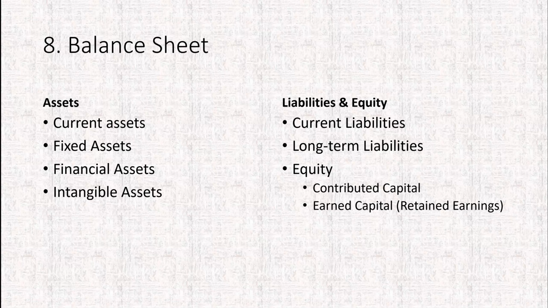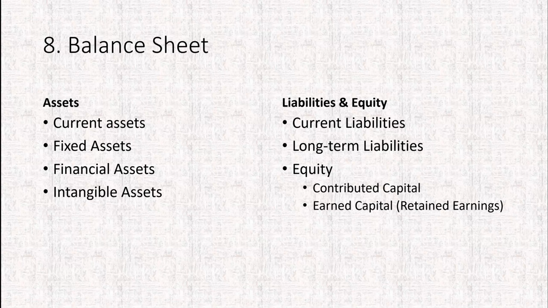Then underneath that, we have the equity, which is the owner's claim on what we have left. So after we take our assets and remove those liabilities, what's left has ownership claim on it. And the equity is essentially a combination of two things. It's the contributed capital.